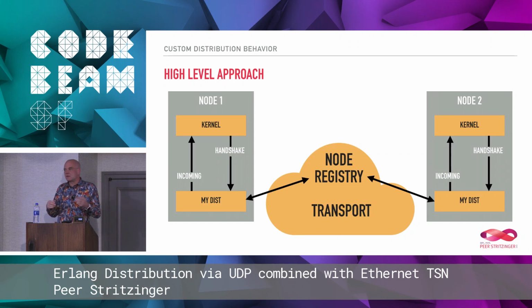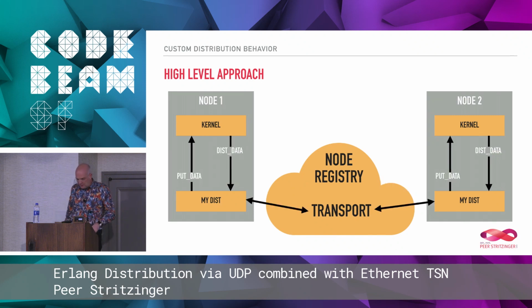And whenever a node learns about a new node, we just do this incoming transaction that you see here. So if these two nodes showed up at the same time, both get an incoming connection. And in the next step you would have these send and receive messages which would go to the transport layer, which can also be arbitrary. That would be a different kind of behavior. We didn't flesh out the API for that, but I have a rough idea where this could be going.